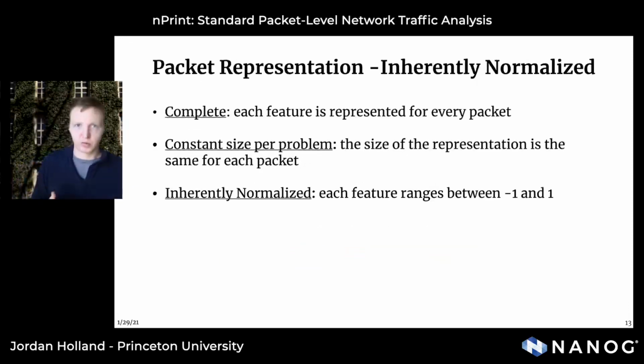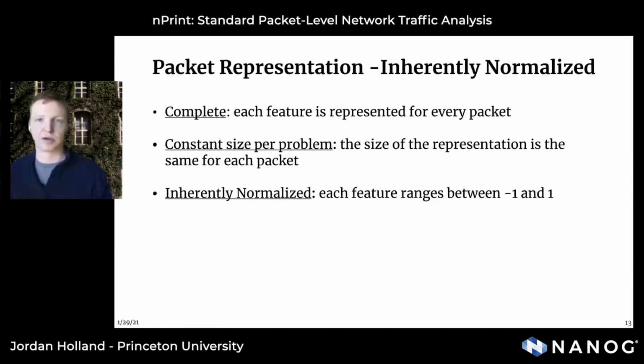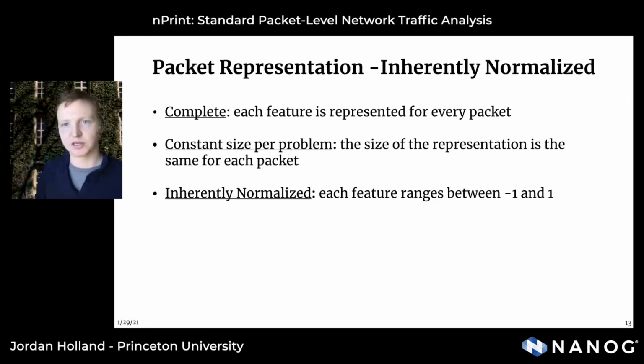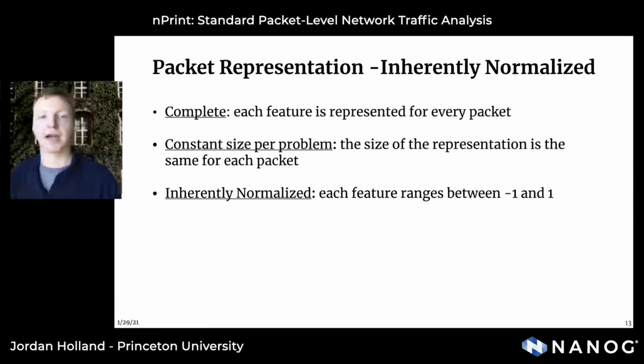So we're going to encode a third requirement into our formal requirements: that we would like a standard data representation to be inherently normalized. What does inherently normalized mean? It generally means that naturally, when we transform every packet, each feature ranges between -1 and 1. So we don't have the source port having a wildly different range of values between 0 and 65,000 versus the version between 0 and like 16, right?